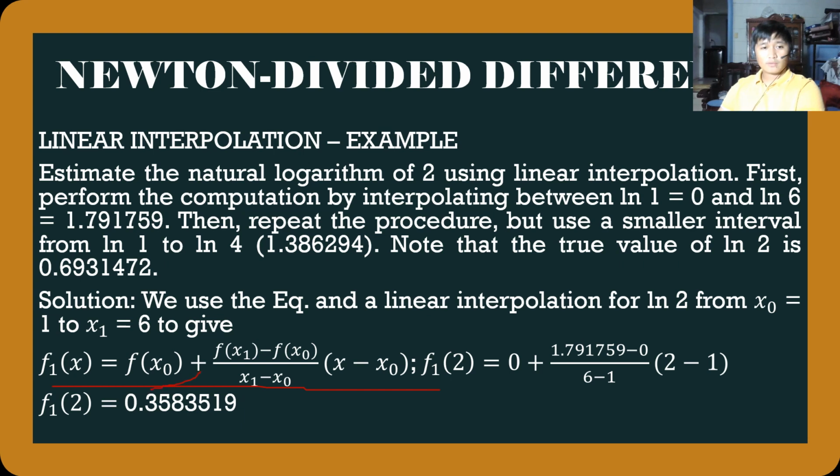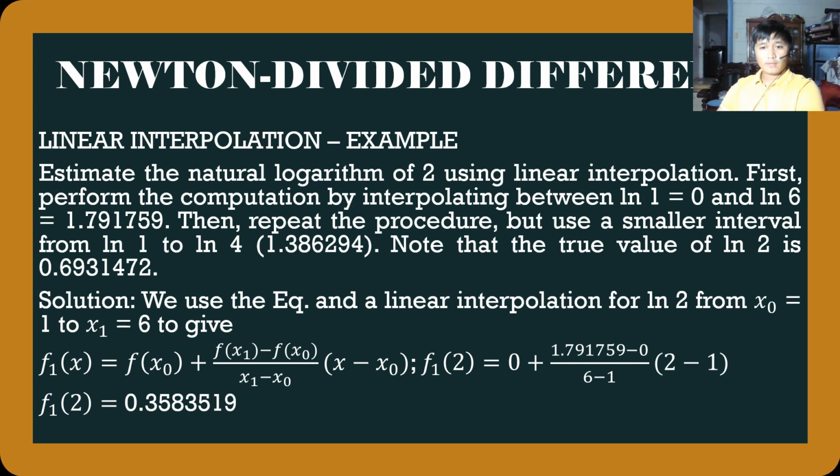So f of x sub 0, ln 1, is 0, and for x sub 1, this is provided in the table earlier. So f of x sub 1 is 1.79, f of x sub 0 is still 0, and the interval we have set is x sub 1 is 6, and x sub 0 is 1.